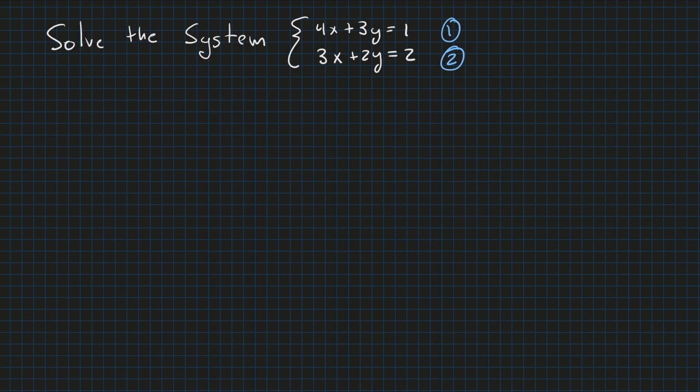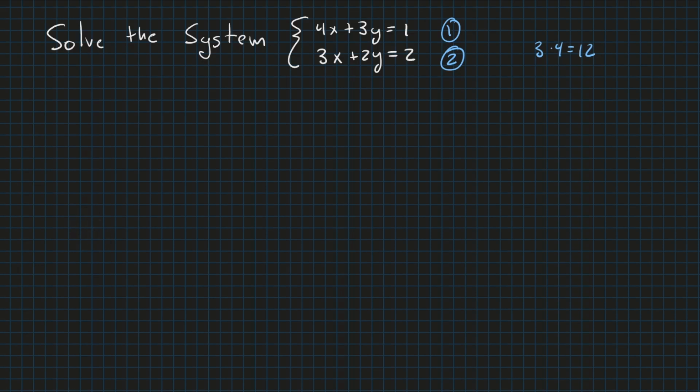The third rule means that we can swap them, which means that the labeling does not matter. Taking a look at this, the coefficients aren't super nice. But if I multiply the first equation by 3, and the second equation by 4, we notice that 3 times 4 is equal to 12. So the coefficient of x is going to become 12.